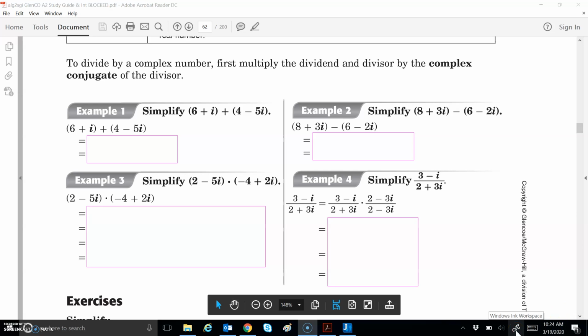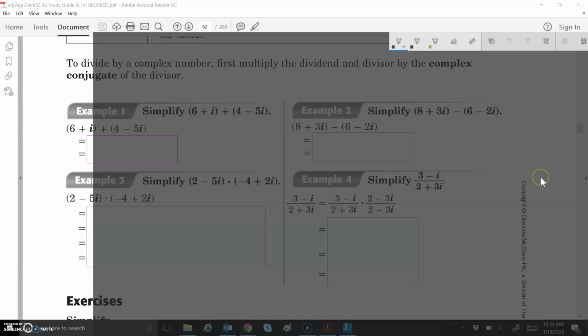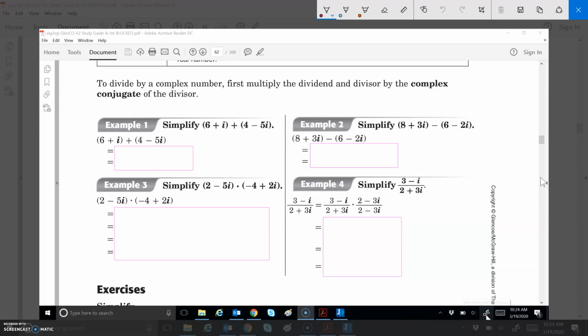All right, so simplify. Like I said, when we just look at like terms here, 6 plus 4 is 10, right? And we have one i plus a -5i, that's -4i.